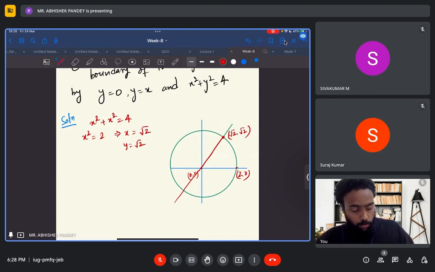What we need to do is take the positive orientation.